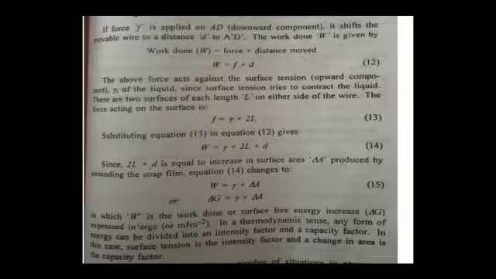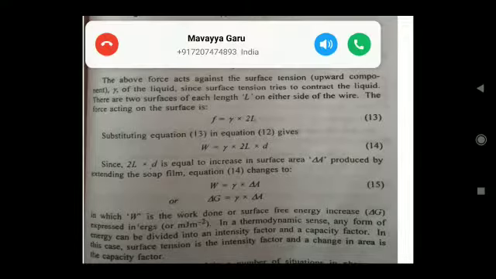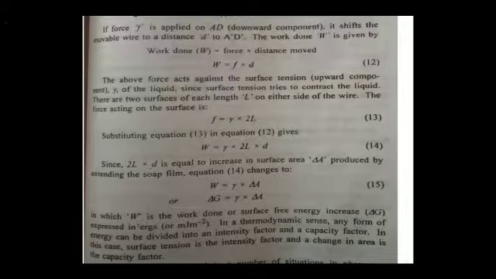So the work done is equal to surface tension times delta A, or delta G is equal to surface tension times delta A. So W is the work done, or surface free energy, expressed in ergs.